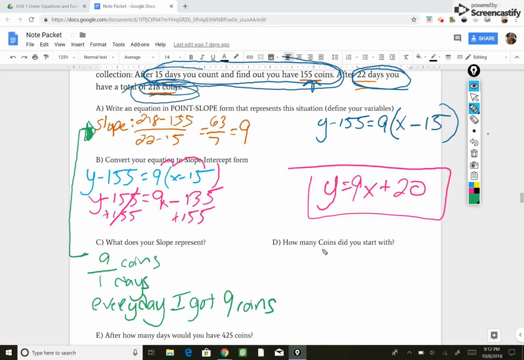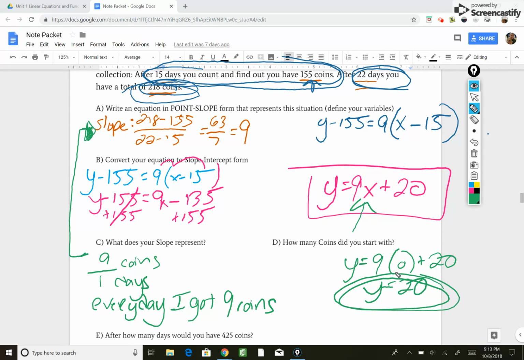Then it says, how many coins did you start with? That would be if I had 0 days. X was my days, so if X was 0, I would get 20. So I technically started with 20 coins. And then last question, after how many days would you have 425 coins?